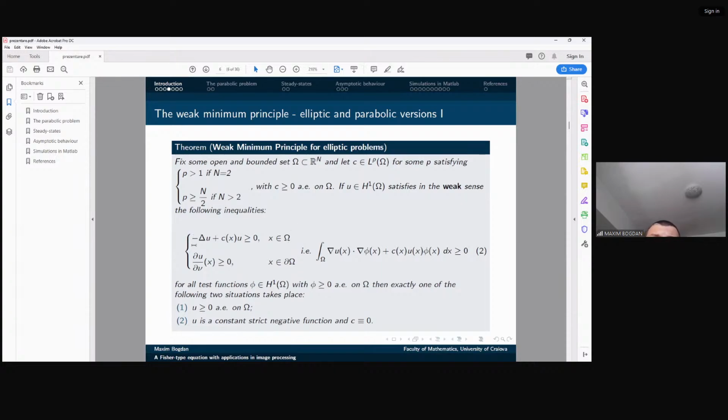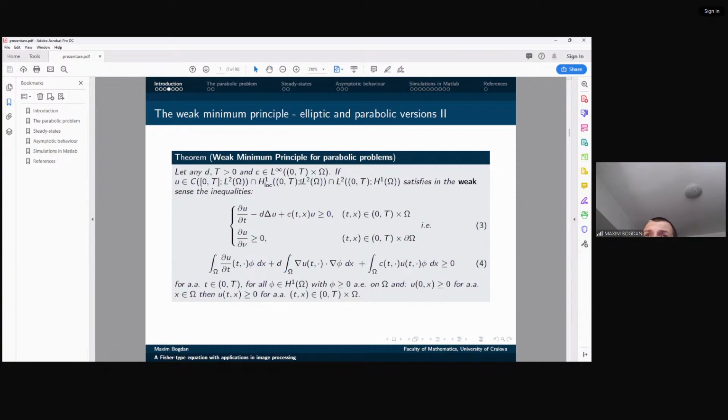If you have minus Laplacian of u plus c(x) times u greater than or equal to 0 and the normal derivative of u greater than or equal to 0, then we can say that u is positive on omega, or the second alternative, but that will not happen in our cases.